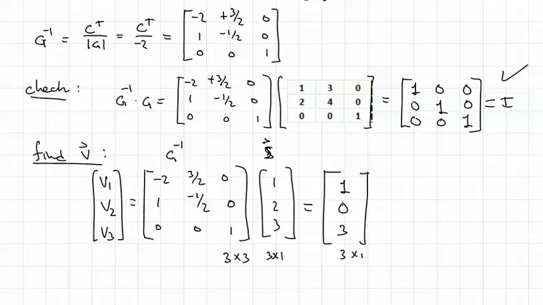We have found V1, V2, V3. V1 is equal to 1, V2 is equal to 0, and V3 is equal to 3. And that is how you can solve a system of 3 linear equations by matrix inversion, carrying it all out by hand.